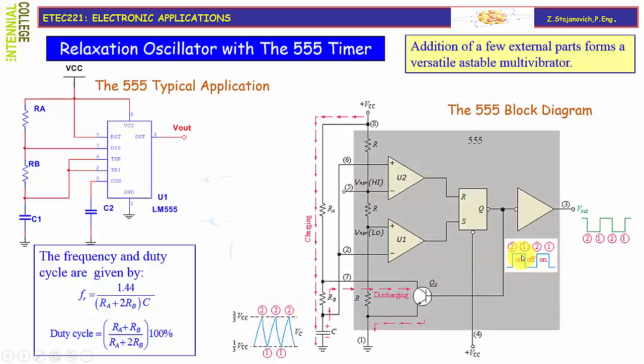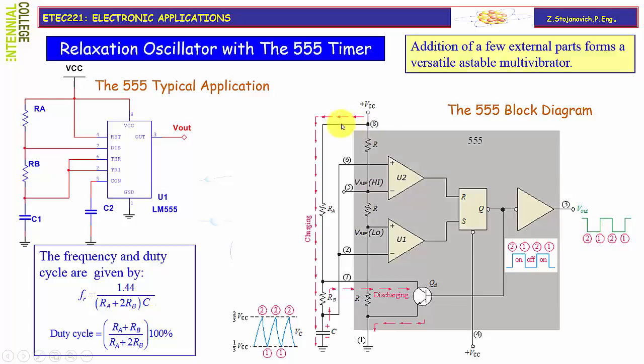If you look at the shape of the signal at the flip-flop output Q inverted, you will recognize that it is a square wave. After buffering and inverting, you will have the same waveform at the output terminal 3, just that it will be opposite in polarity.